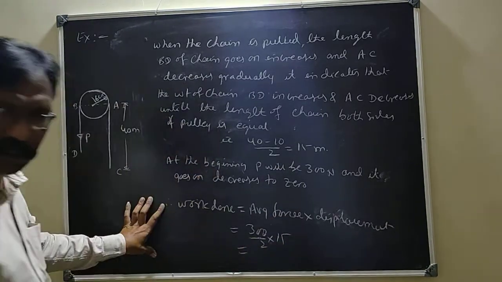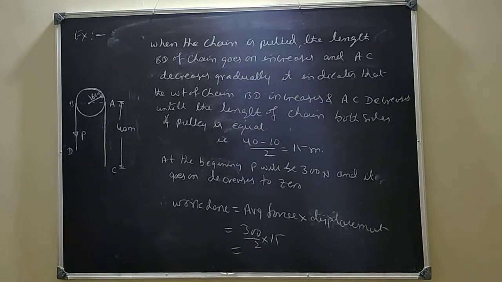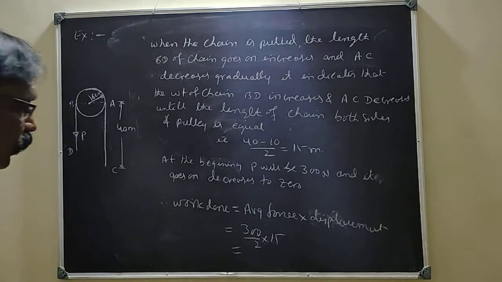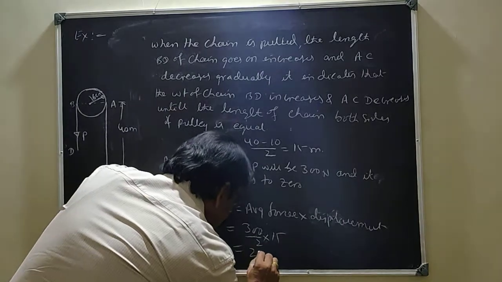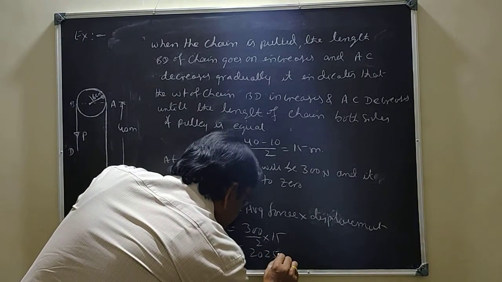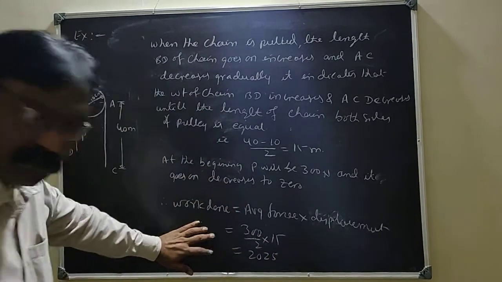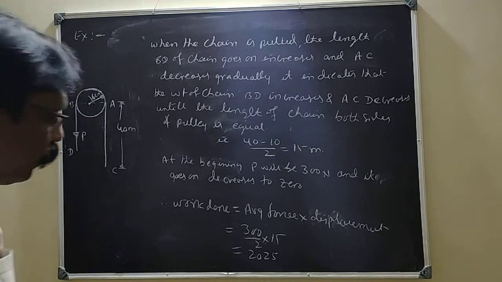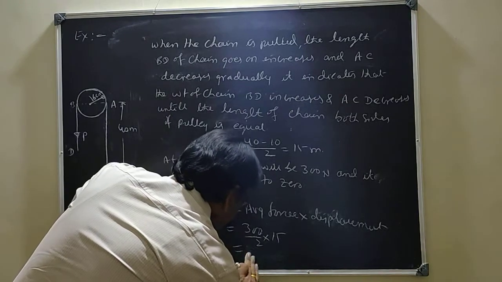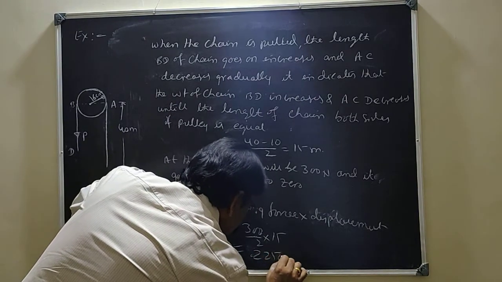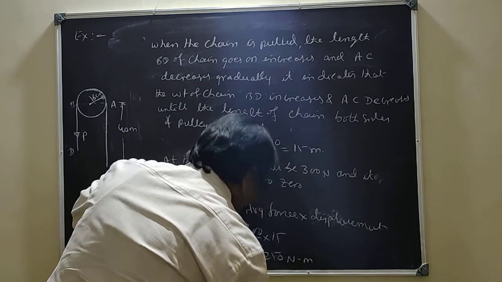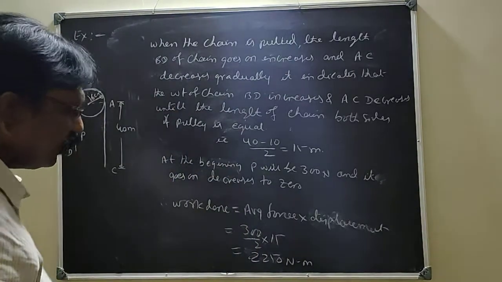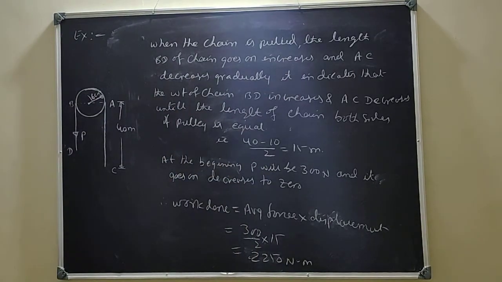So that is equal to 2250 Newton meter. So 2250 Newton meter is the work done. That is equal to so many joules.